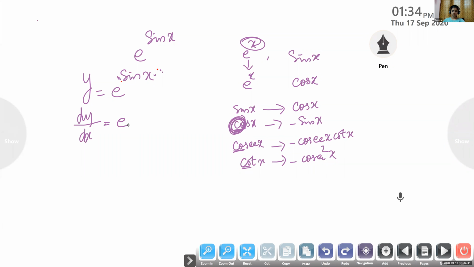So what is the derivative of e raised to sin x? E raised to sin x into, here instead of x we have another function, so that function we should differentiate. What is the derivative of sin x? Cos x. So the answer is cos x into e raised to sin x.